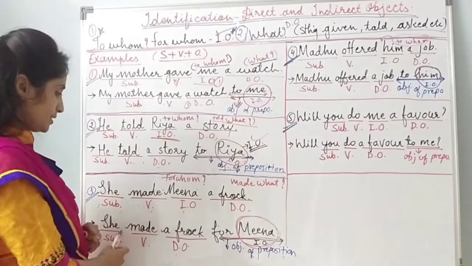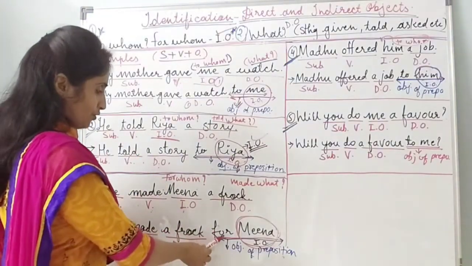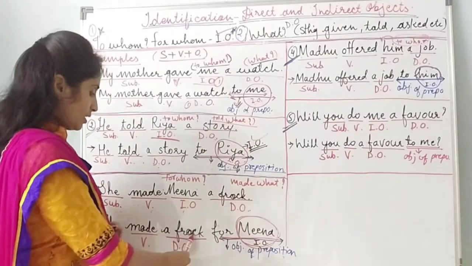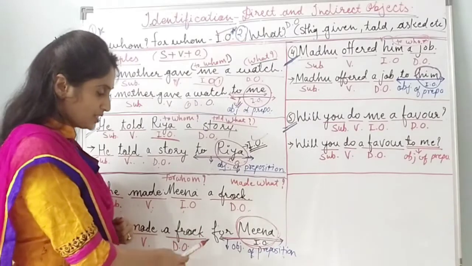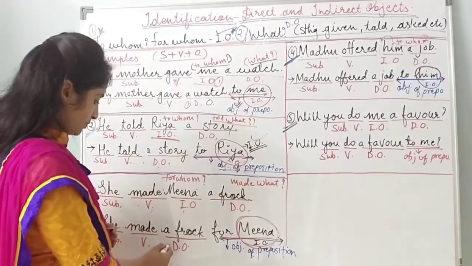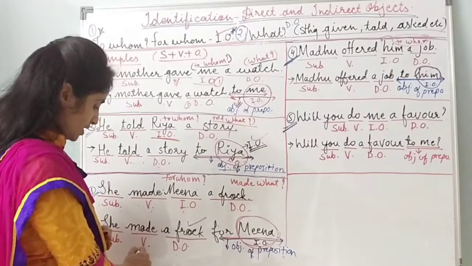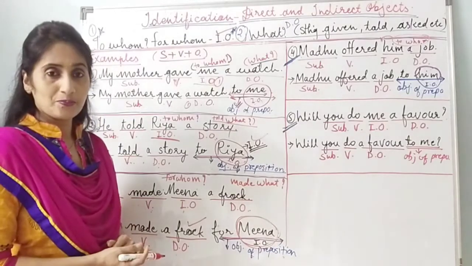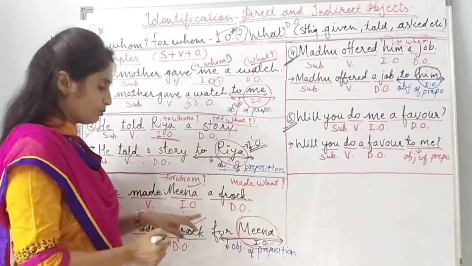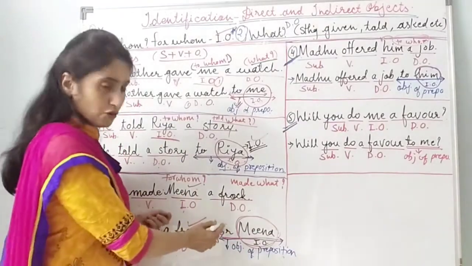Now see this sentence with a little change. She made a frock for Meena. She is the subject, made is the verb, a frock is the direct object. In this sentence, the direct object has occurred just after the verb, and so for writing the indirect object, we have to take the help of the preposition "for".